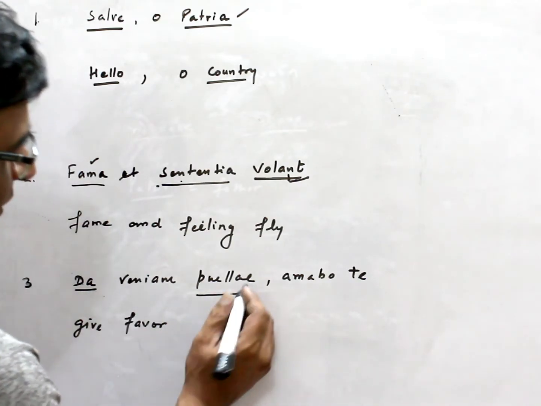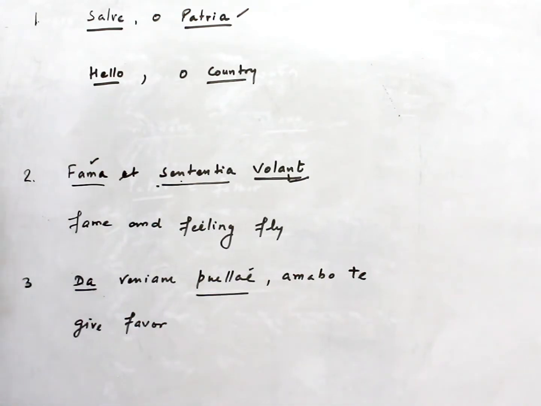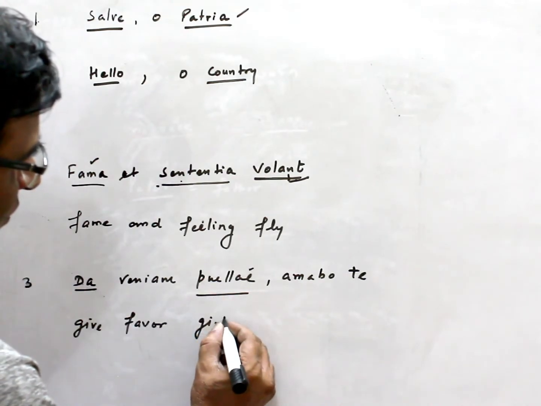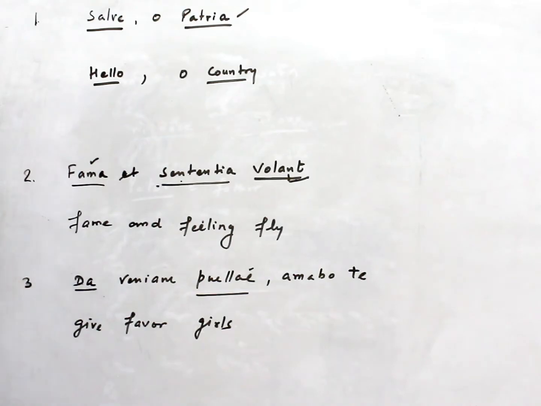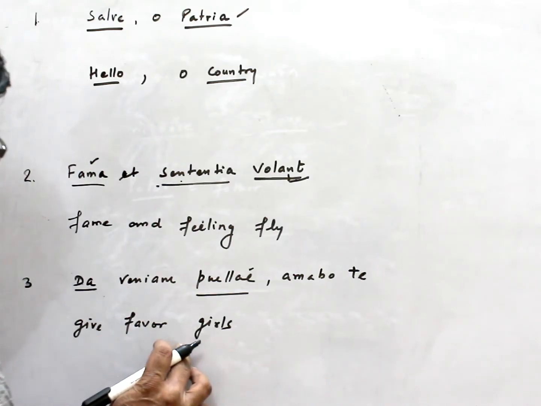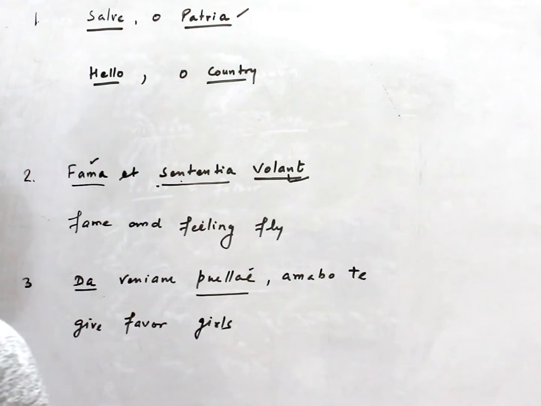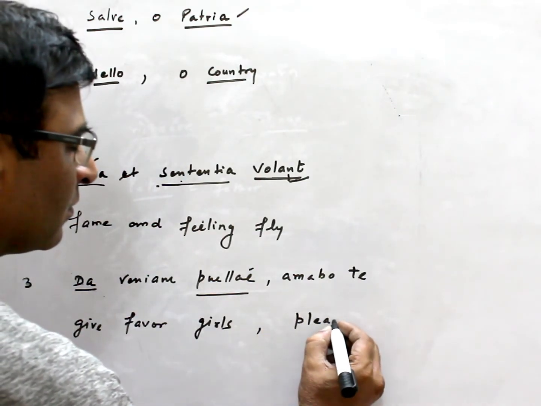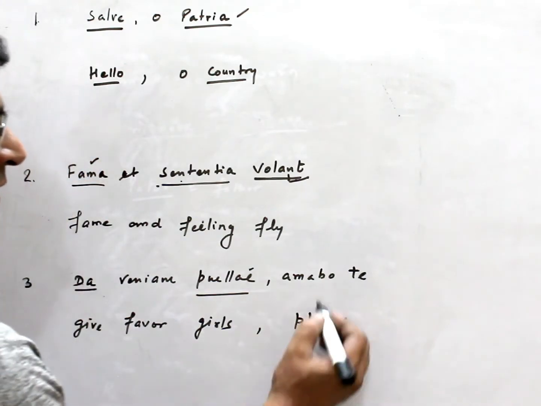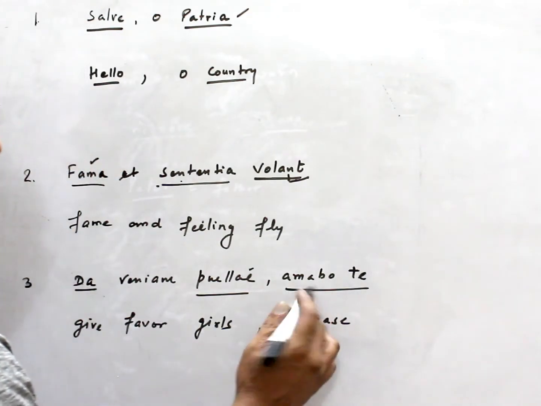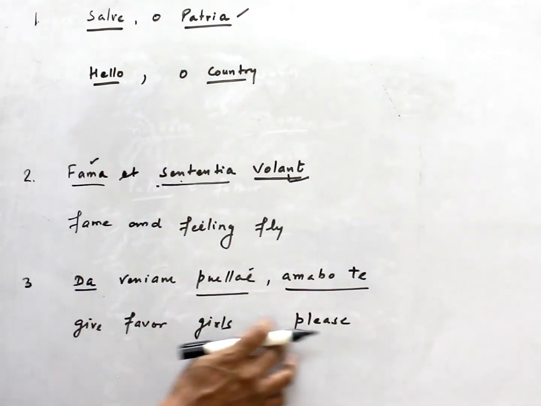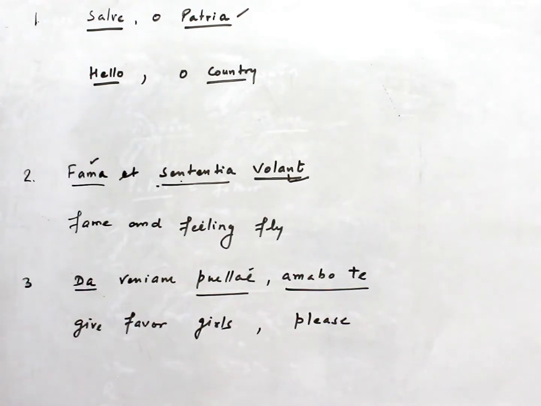Puellae here is plural. Puella is daughter or girl. So here, the girls. Give favor to the girls. This means please, and this means I will love you. So give favor to the girls, please. This is the meaning.